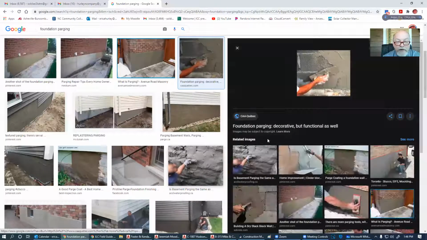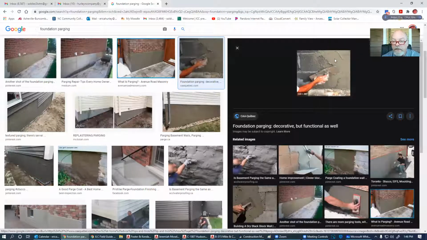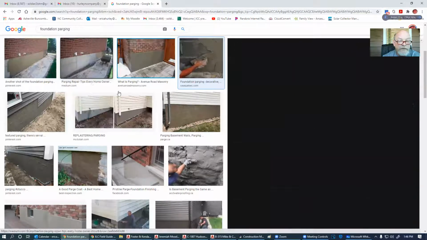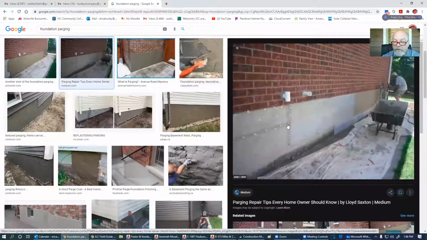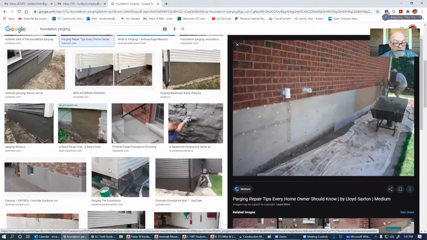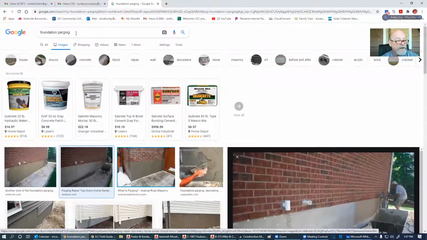It's just a concrete or masonry mixture that goes on to seal these blocks. That's all there is. And then we can put the foundation coating over top of it.